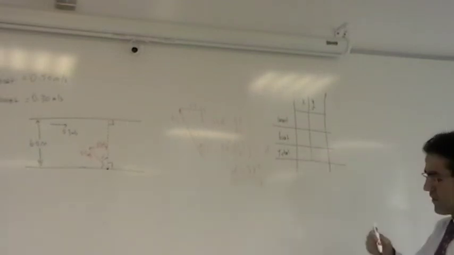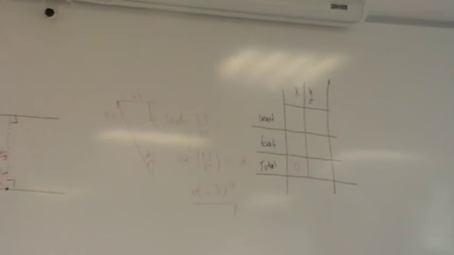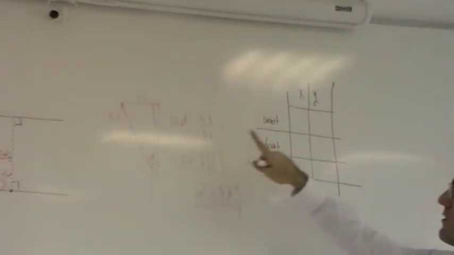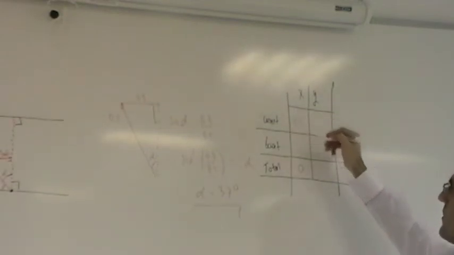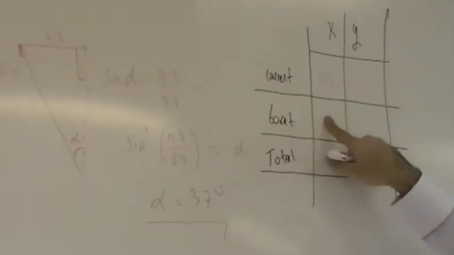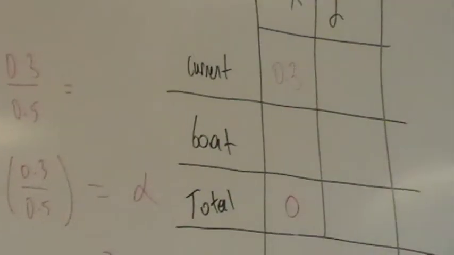So I want to get 0 because I want to go right across. The current has a velocity vector in only the x direction, which is 0.3. Therefore, I have to find the boat's x component as minus 0.3 in order to get a 0 value.